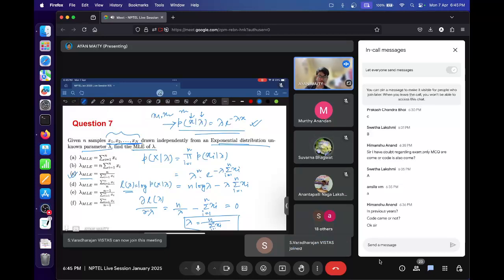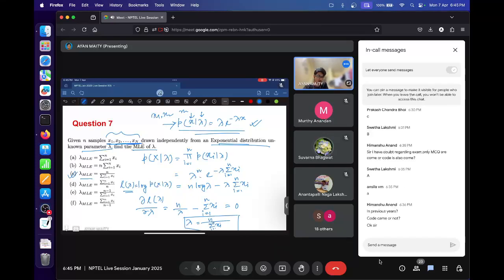So is this process understandable? You have to first compute the individual likelihood probability distribution for each of the data points xi, then multiply it for each of the samples.